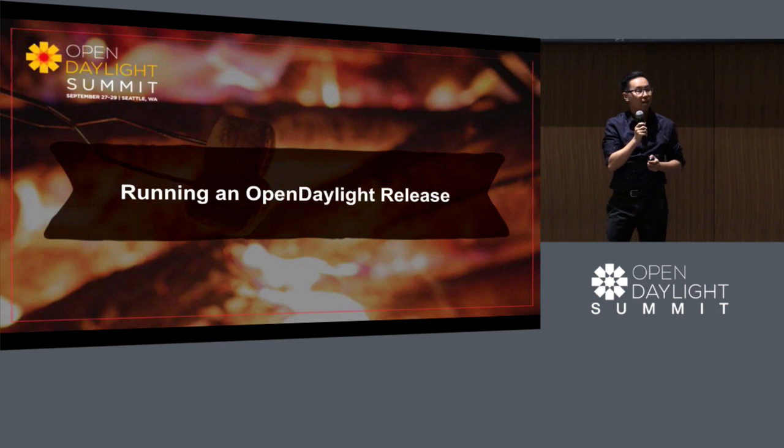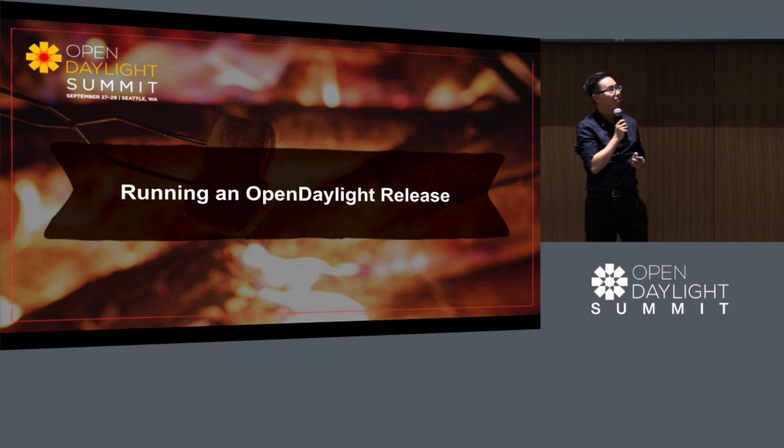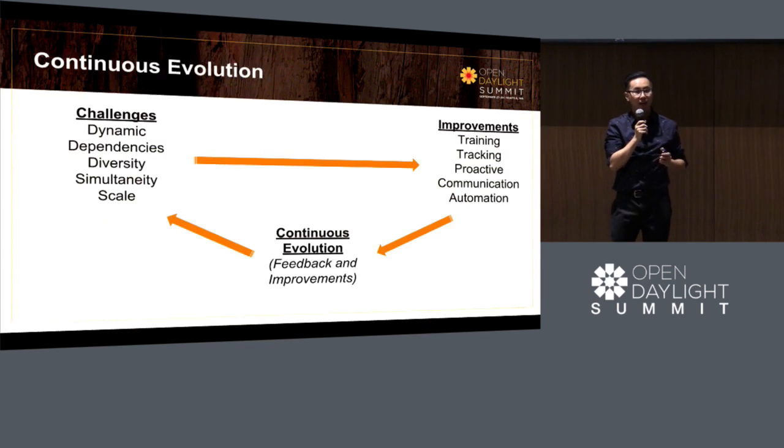And that leads into a big key challenge with OpenDaylight, which is how do you release successfully given the complexity that exists with our OpenDaylight project. And I'd like to speak a little bit about those complexities.